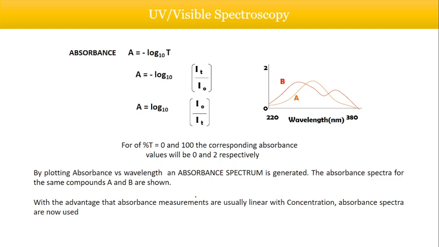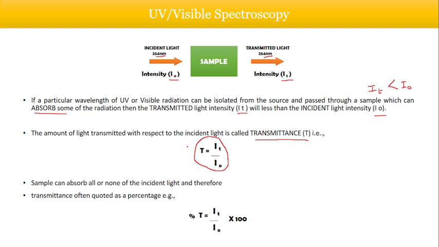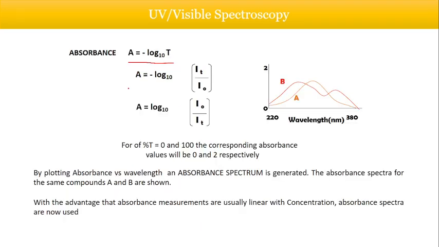Now coming to absorbance. Absorbance and transmittance are interrelated by this equation: A equals minus log to the base 10 of transmittance. When we put the previous formula in, we get absorbance equals minus log to the base 10 of IT by I0.